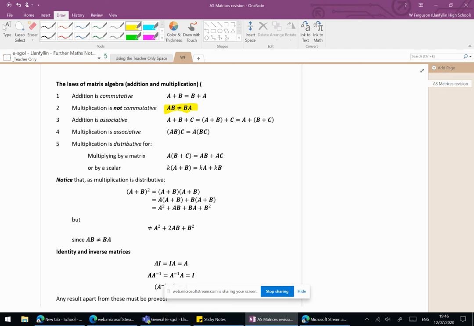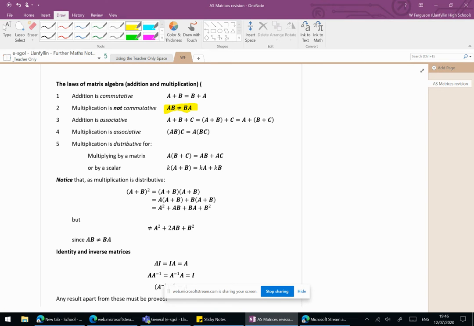We need to really be distinguishing between left multiplying or pre-multiplying, and right multiplying or post-multiplying, because those two things are different in general in matrices.